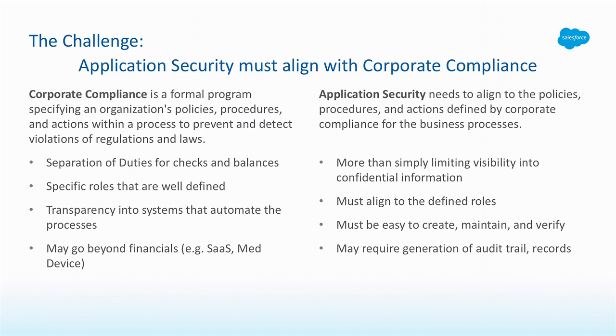And so on the flip side, the application security has to align and support this. So first and foremost, it's more than, again, just simply limiting visibility for confidential information. It's actually being able to support that separation of duties. It's a key thing. It needs to align to what those roles are. So you have to have a way to map that onto the roles.